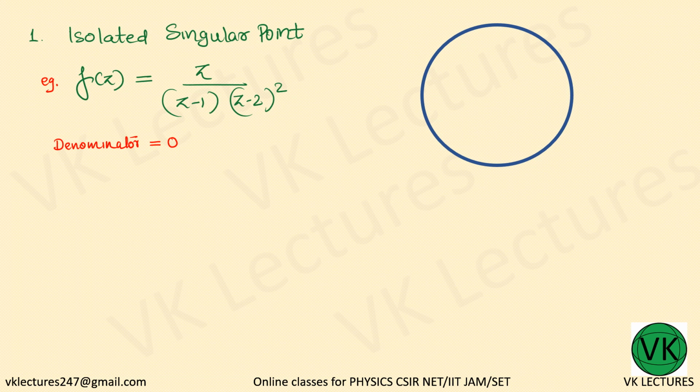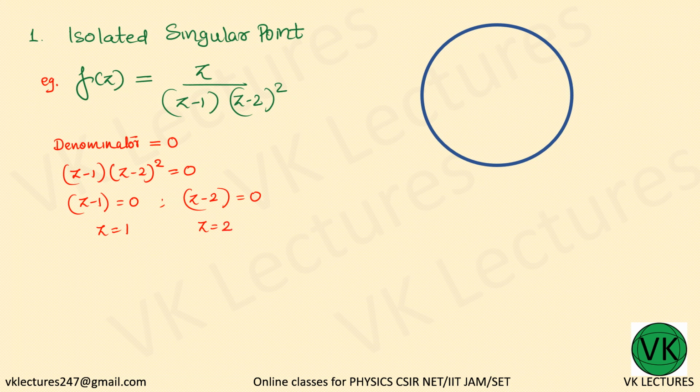So z minus 1 into z minus 2 squared is equal to 0, which means either z minus 1 should be equal to 0 or z minus 2 should be equal to 0. Now when z minus 1 equals 0 means z equal to 1, and here z equal to 2.